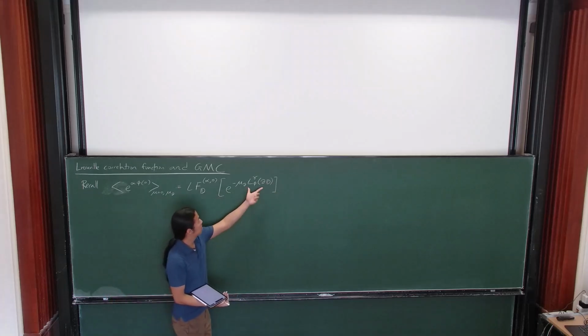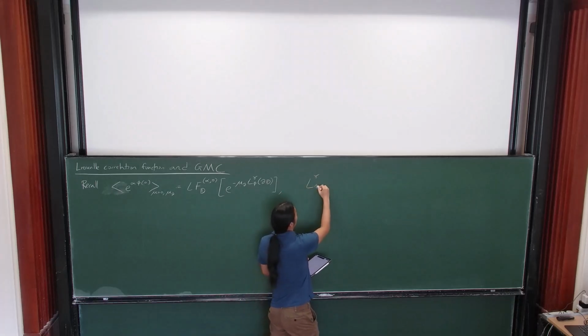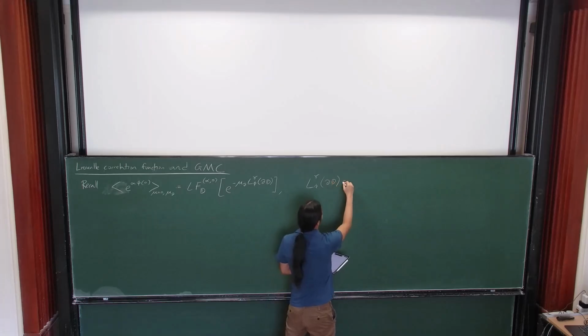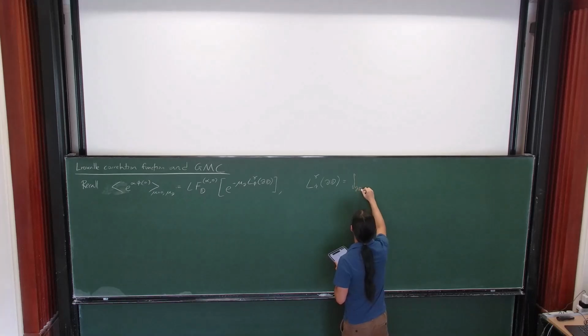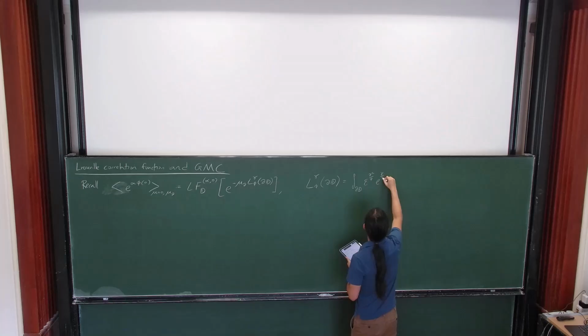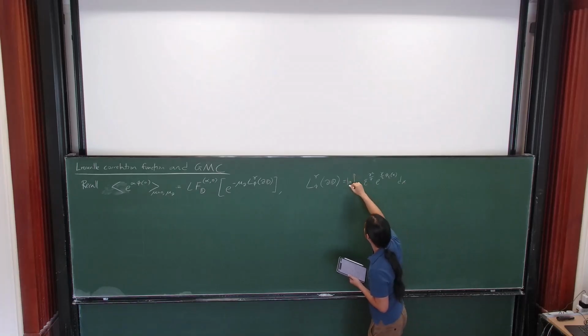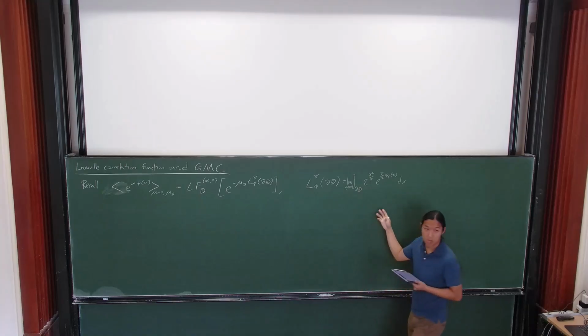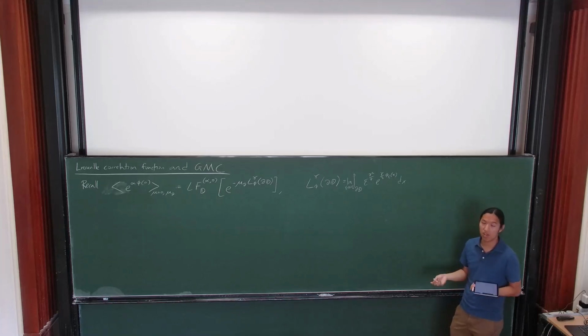Okay, so this quantity over here, this is a Gaussian multiplicative chaos. Earlier today we talked about the Gaussian multiplicative chaos on the interior of the unit disk.